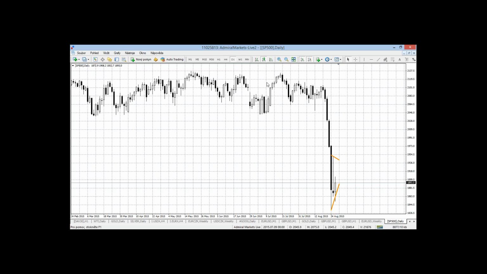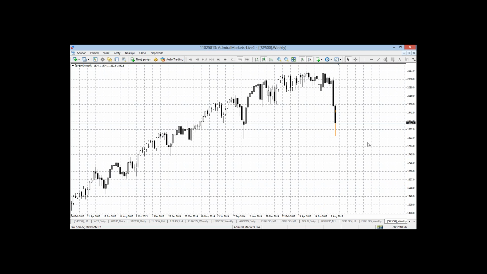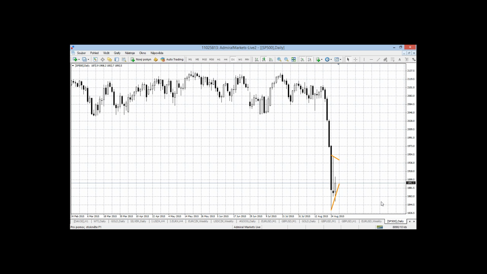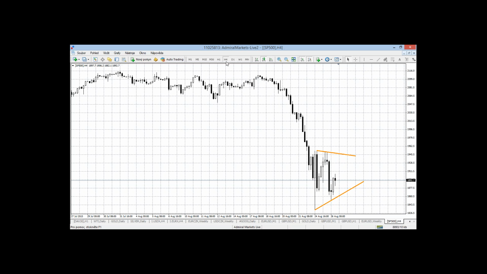And we can see some follow through one more time. That's what I would say normally in Forex, personally. Same like the DAX. So maybe later this week we could see perhaps one more breakout to the downside.